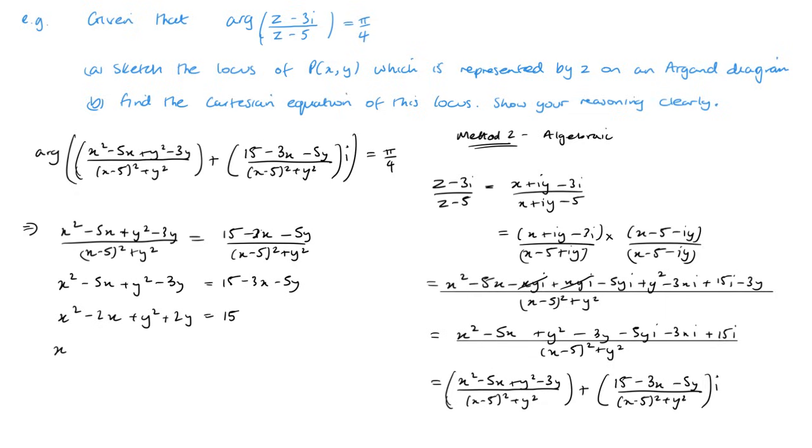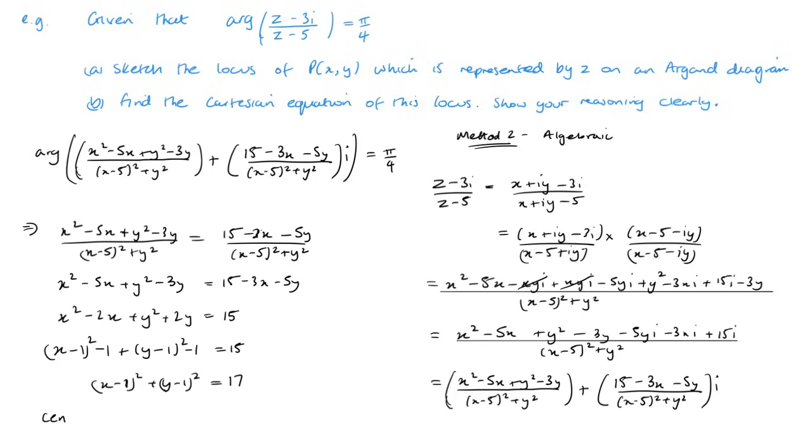So completing the square, (x minus 1) squared minus 1 plus (y minus 1) squared minus 1 equals 15. So (x minus 1) squared plus (y minus 1) squared equals 17.